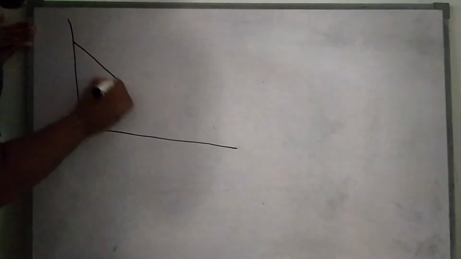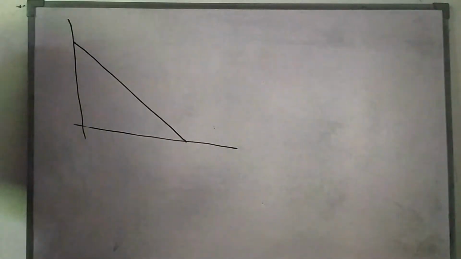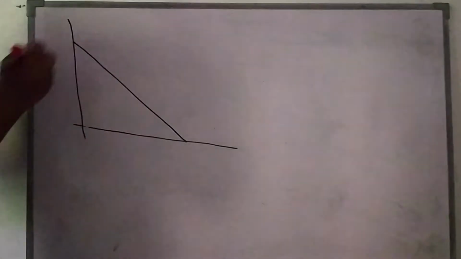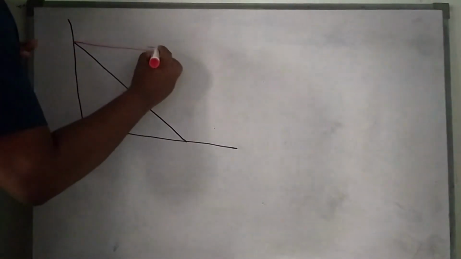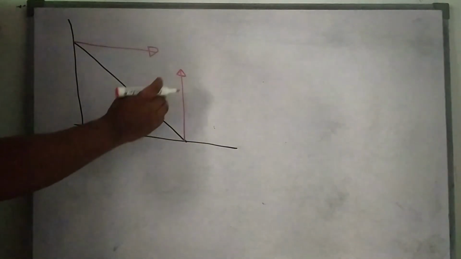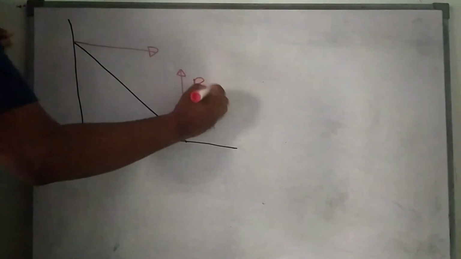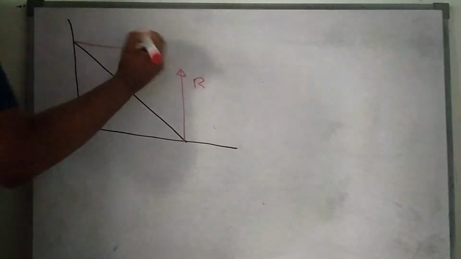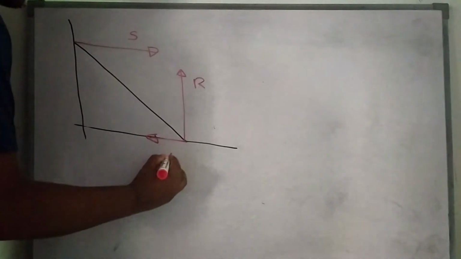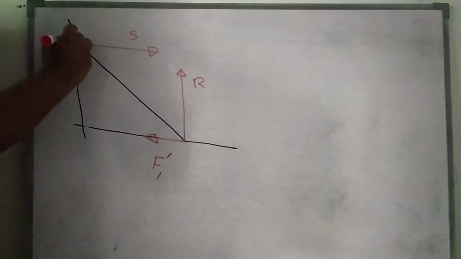Okay, this is my wall and the floor. I assume the reactions are R and S, and the friction force is F dash 1. This one is trying to go down, and its friction is F2 dash.